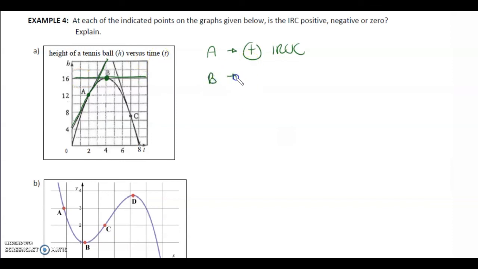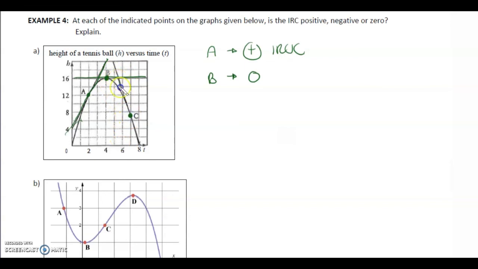So whenever there is a change in direction, so we're increasing and then we're going to decrease, or we're going up and then we're going down. Okay, so this is 0, and 0 doesn't have a plus or a minus. So it's 0. There's no rate of change. You guys might have learned in physics, momentarily, for that split second, so instantaneously, the ball stops and then turns around and starts going back down.